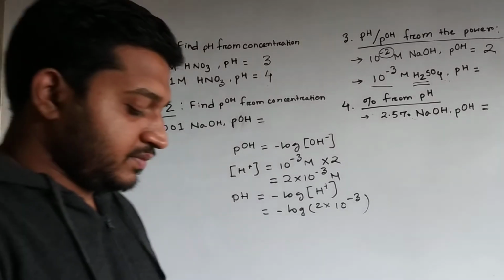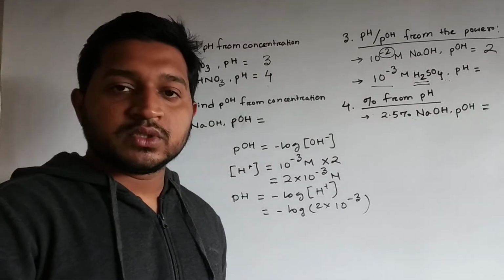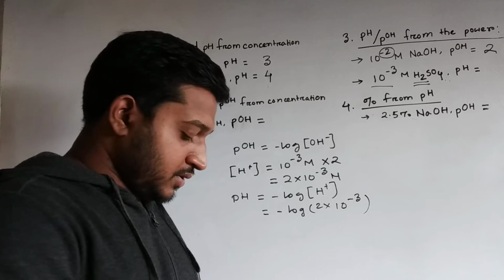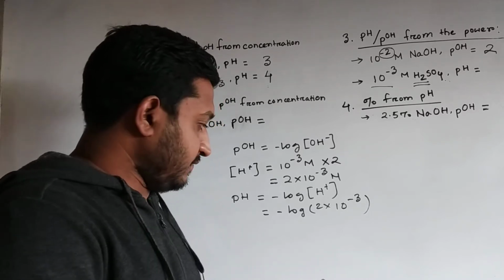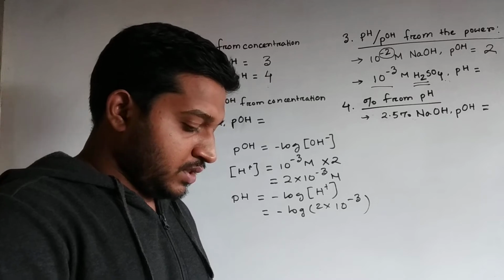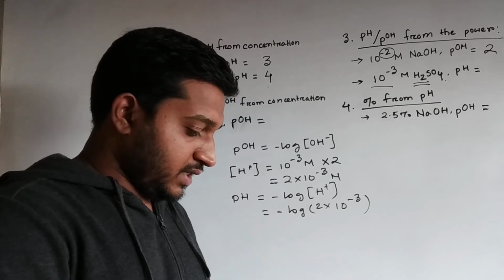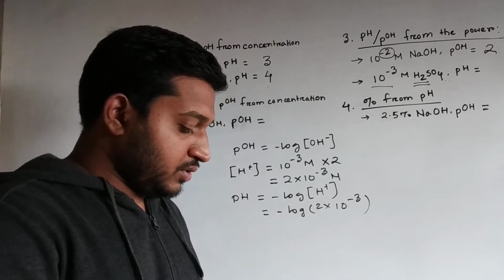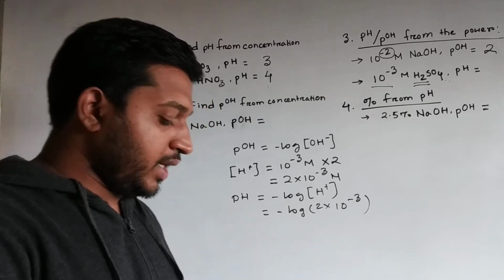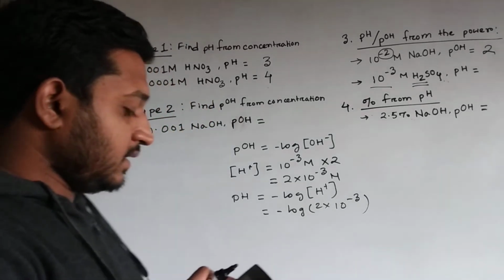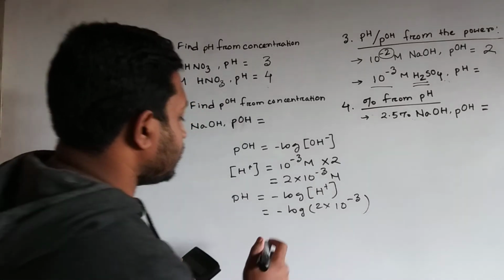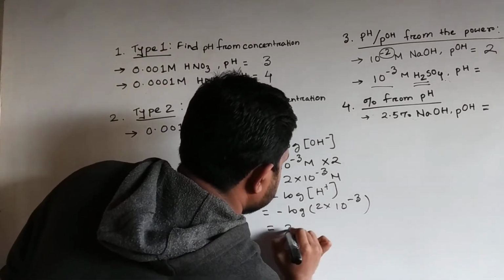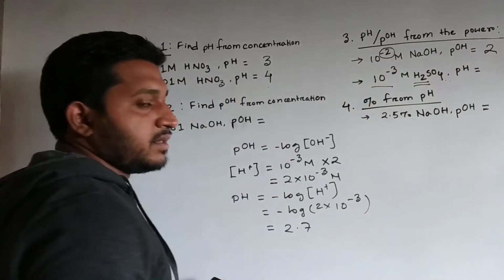Here I have taken the calculator, so you should also take one. Calculate minus log of 2 into 10 to the power minus 3. The value is 2.69897. It is very big, so just write 2.7 here, but if you want to take some more digits, you can also take.